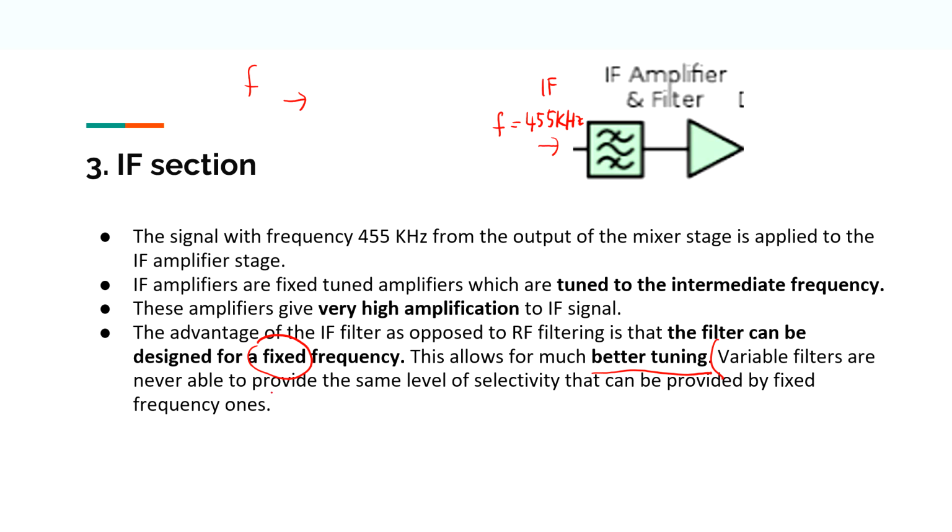So this is the highlight of why they came out with the superheterodyne, because when the circuit uses a fixed frequency, it produces better tuning and better selectivity. Here it will only choose 455 kilohertz for the filter and also the amplifier, so it creates a better system.